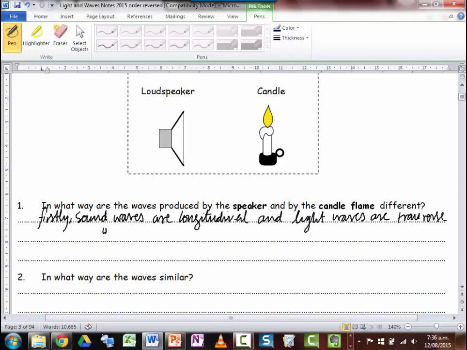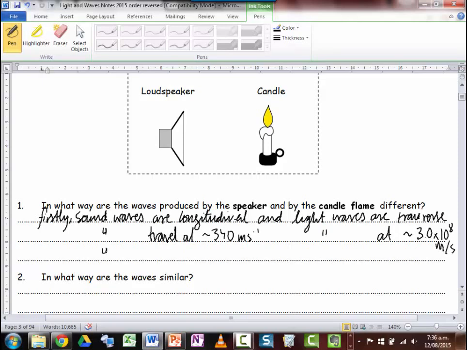Sound waves travel at about 340 meters per second, and light waves at about 3 times 10 to the 8 meters per second.